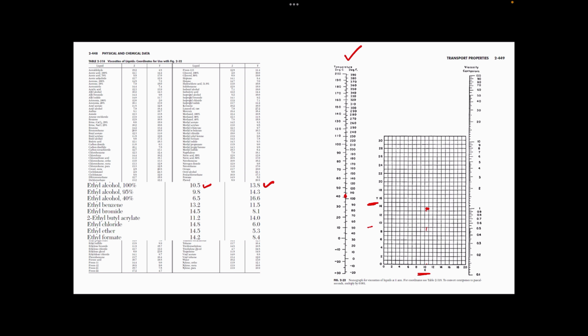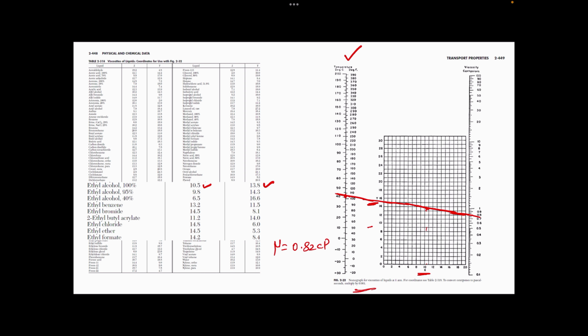You can take a print copy and draw a line. So you will end up with the approximate viscosity value, that is mu is equal to 0.82 centipoise, and it is also given at the bottom. If you zoom this video, you can check this. If you want the unit in Pascal second, then you have to multiply it by 0.001.